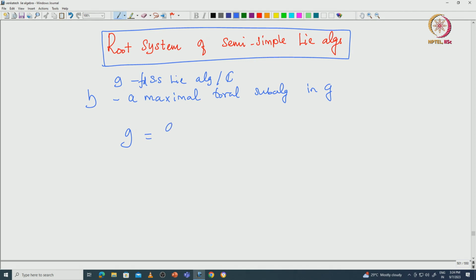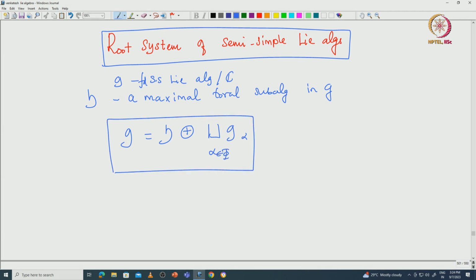In particular, G equals H direct sum G alpha, alpha in phi. This is the root space decomposition that we have actually proved already.